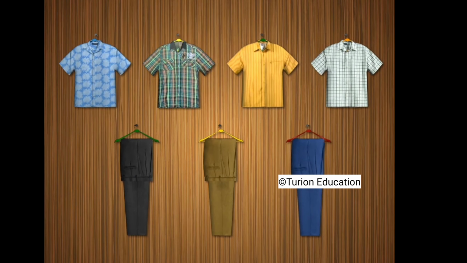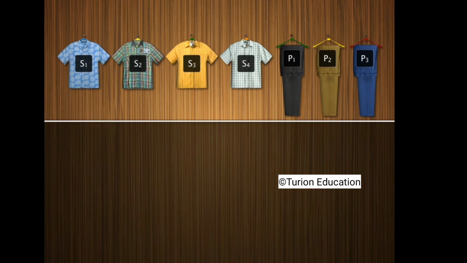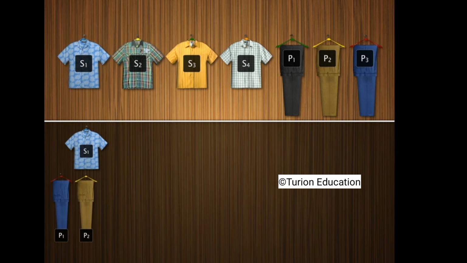Well, to find the answer, let's name the shirts as S1, S2, S3, S4, and pants as P1, P2, and P3. Now, S1 can be paired with any of the 3 pants P1, P2, or P3, and so are the shirts S2, S3, and S4.